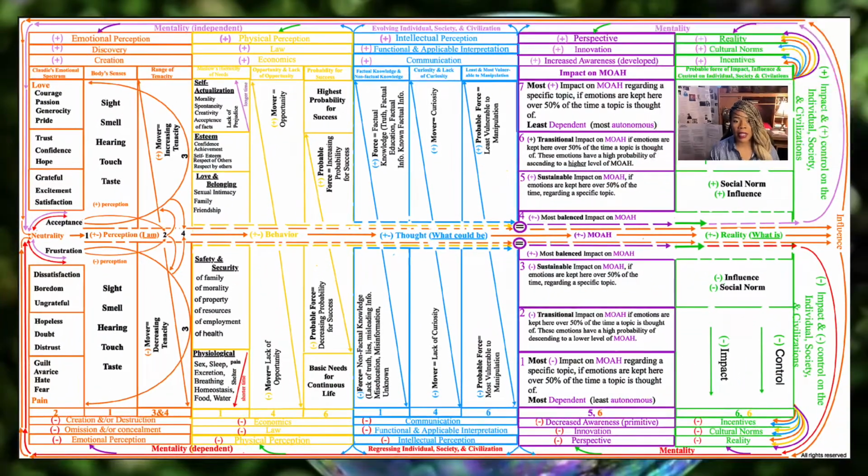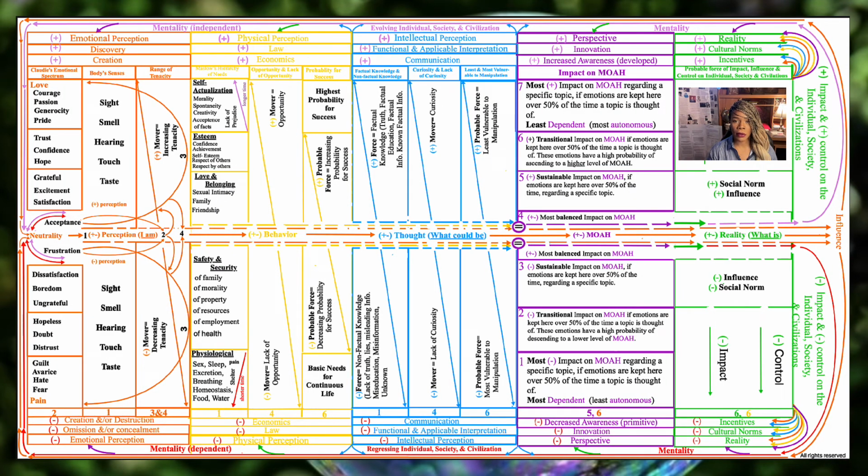This is because one cannot grow intellectually with false information, and depending on the severity of the falsehood, this could lead to a regressing individual, society, and civilization. It is through factual knowledge evolution is understood and achieved. This is why factual knowledge and non-factual knowledge are the forces in the intellectual category.